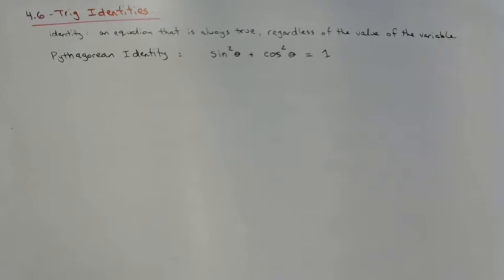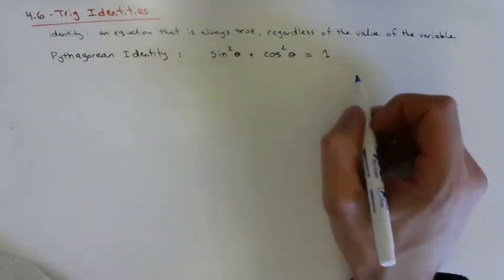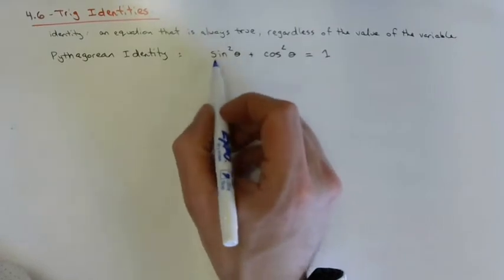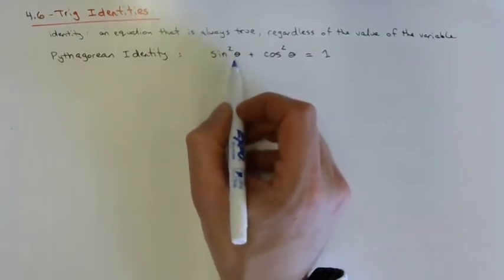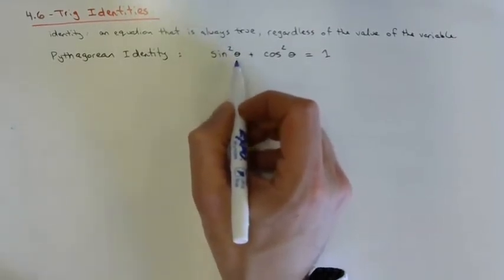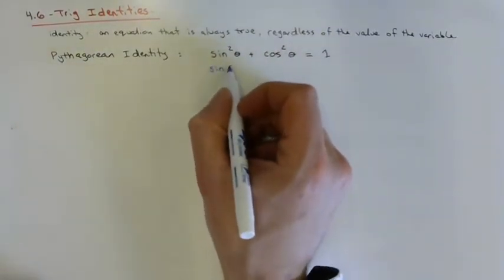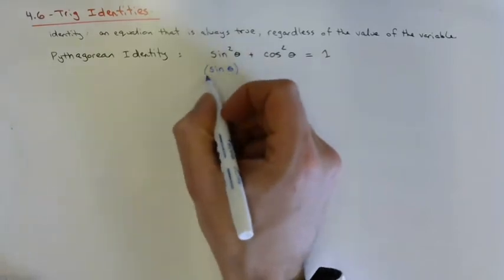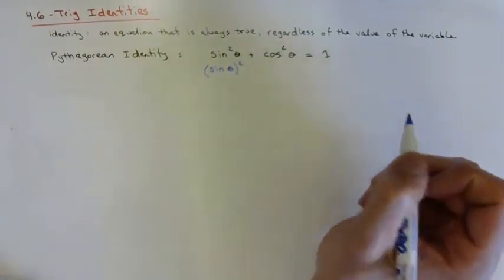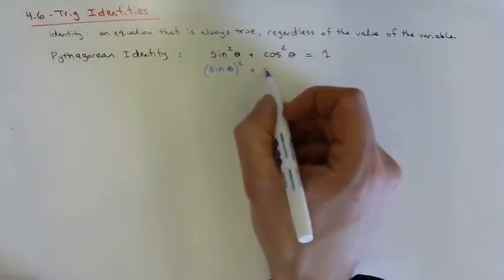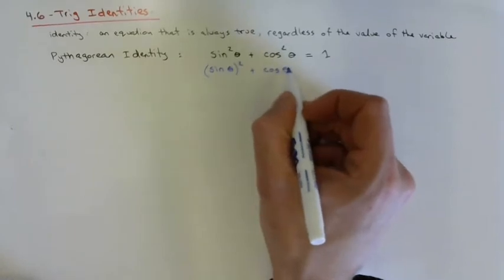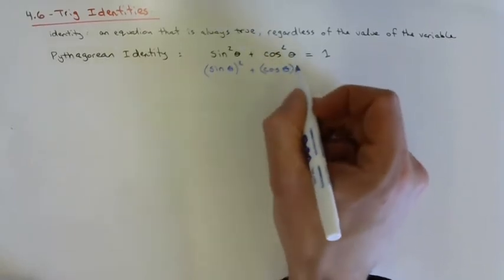There's a couple things I'd like to explain here just briefly. You don't necessarily need to make notes on them, but you can if you would like. Sine squared theta is just a math way of writing this. What's actually happening here is that you're getting the sine of theta and squaring it, and you're adding the square of the cosine of theta.